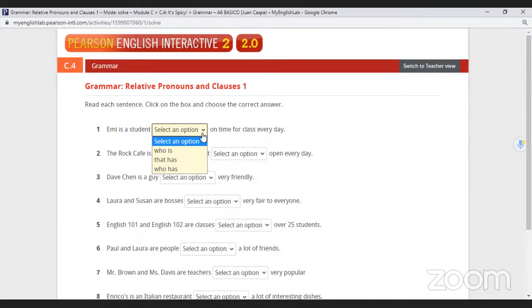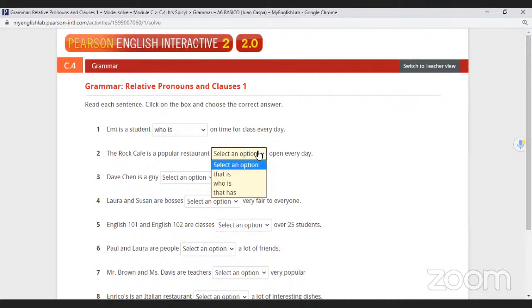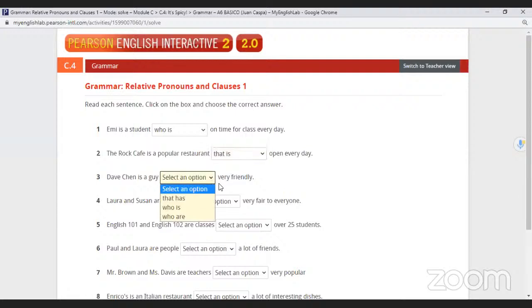What do you think is the answer? Who is? Okay. Amy is a student who's on time. Okay, probably. Let's continue with the next one. Number 2. That is. And the next one?